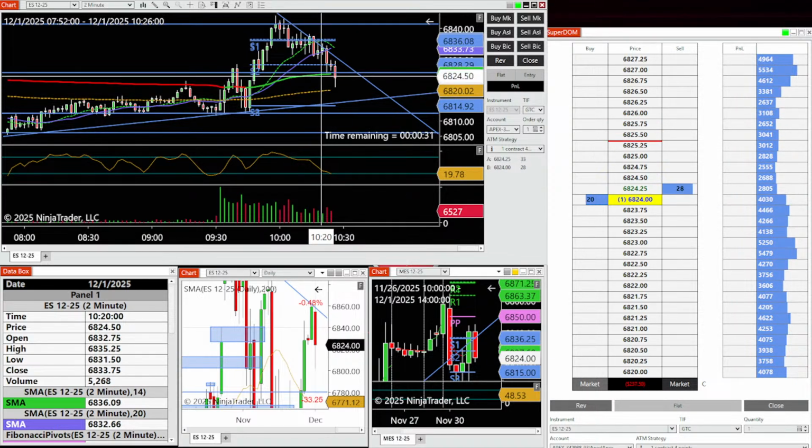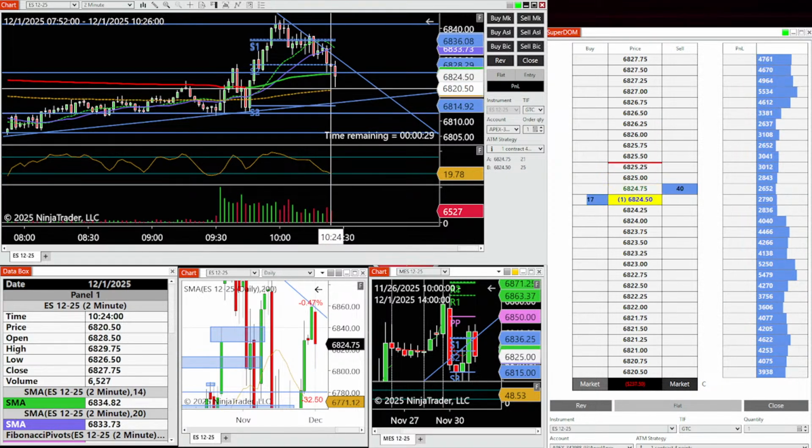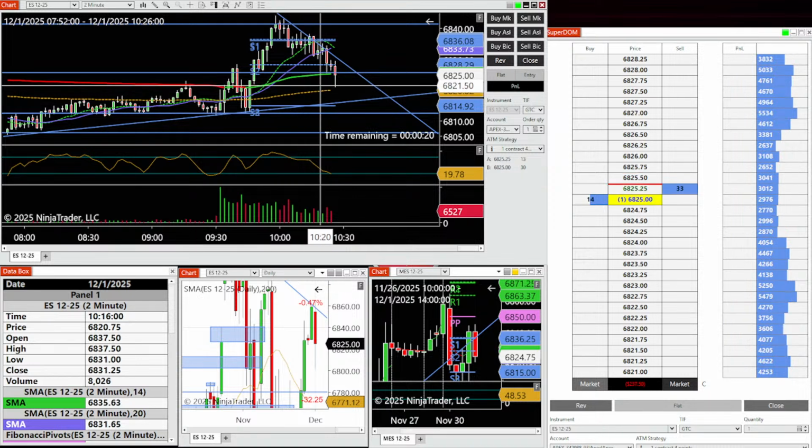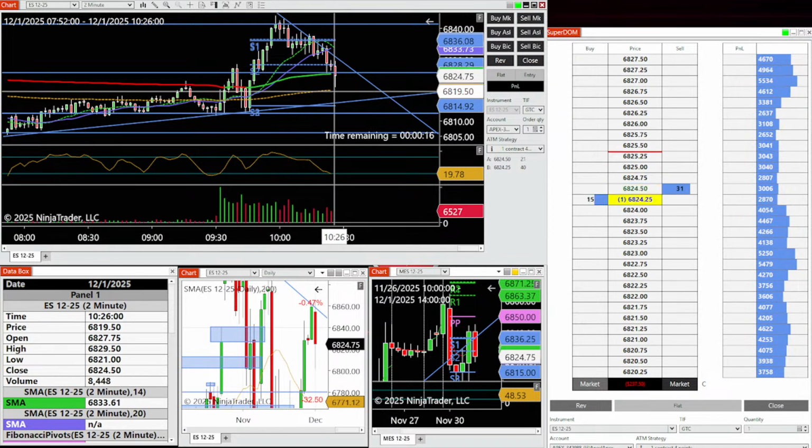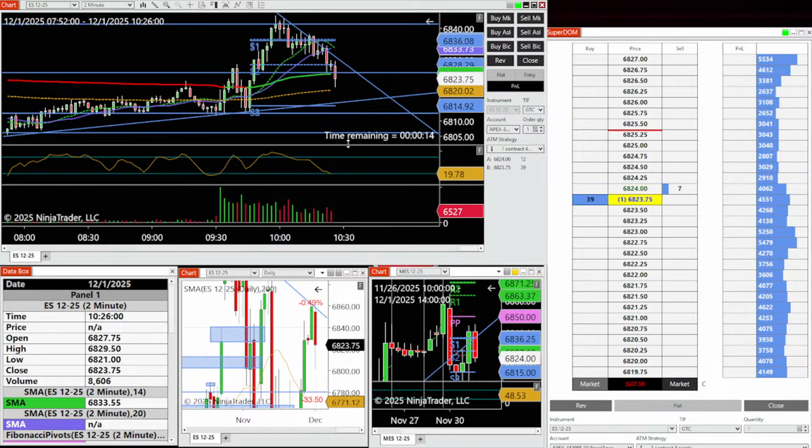Buy zone between 20, 21, 25. This is the 50 moving average. So in between the 50 and the 20. Coming back to VWAP.